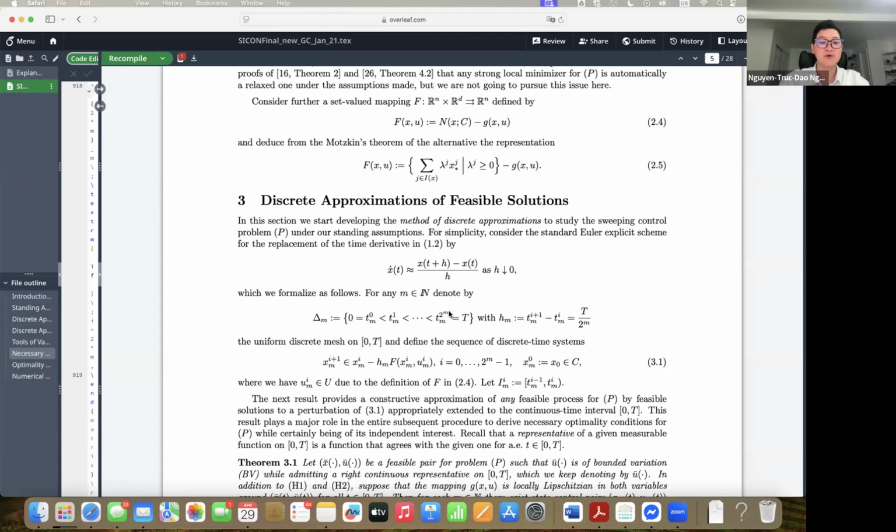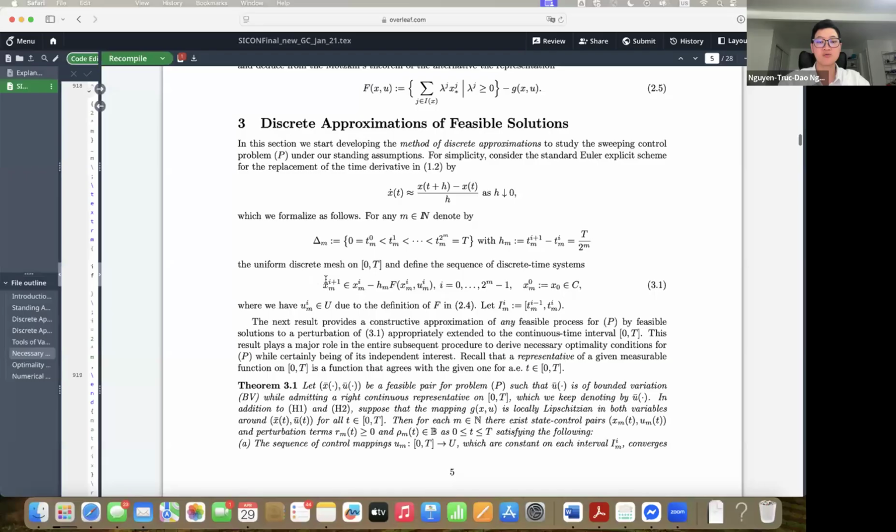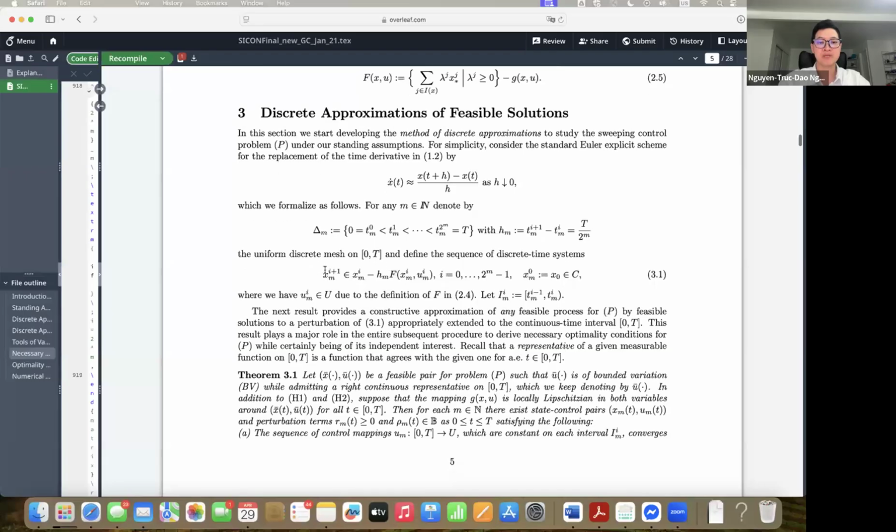In this case, if m approaches infinity, all these intervals get smaller and smaller, and the discrete approximation problem will approximate the continuous problem, and then we can get the convergence. And also we discretize the dynamical system.